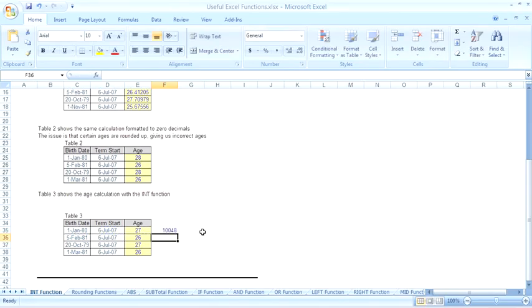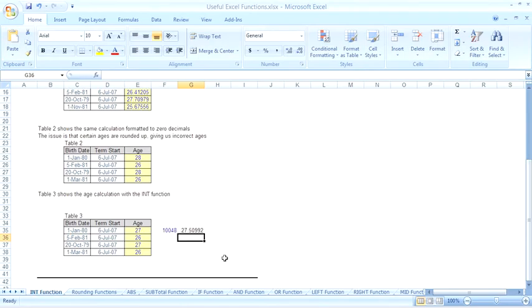That gives me 10,048. Now I'm going to divide this number, 10,048, by 365.25. That's the number of days in an average year, including leap years. Okay, so I get 27.50992, which is correct.